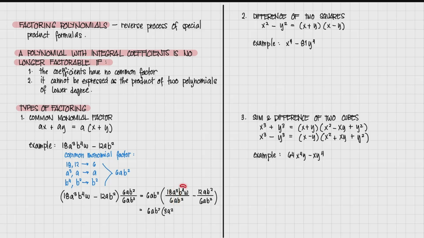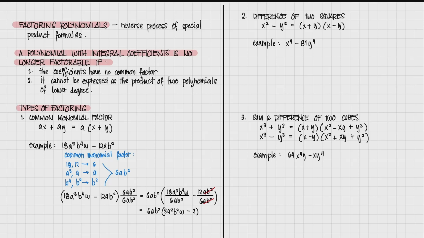And then b raised to 4 divided by b raised to 2, you get b squared. Then you have your w. Minus 12 divided by 6 is 2. Our a's will cancel out. B squared will cancel out as well. So that just leaves us with 2.